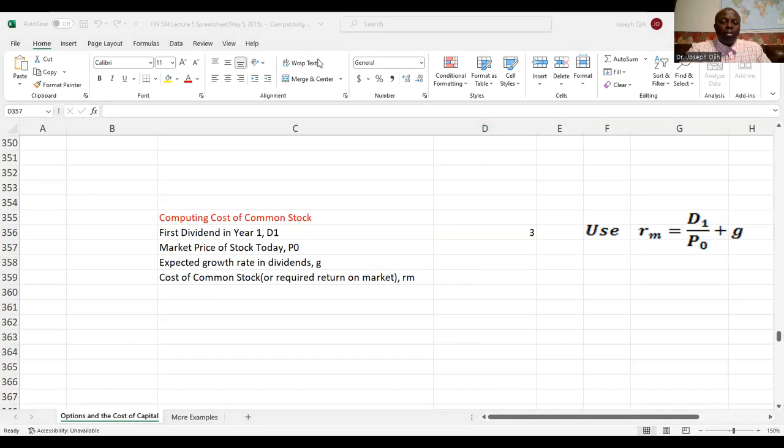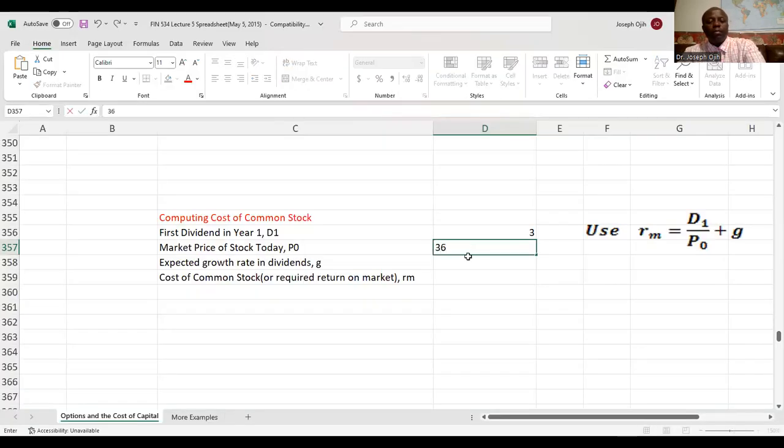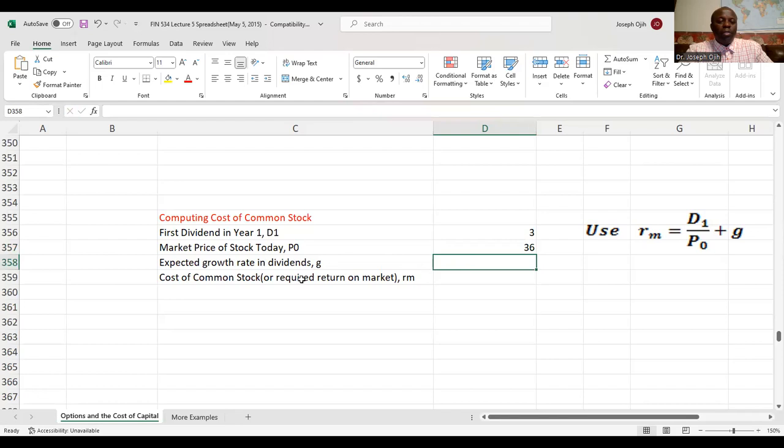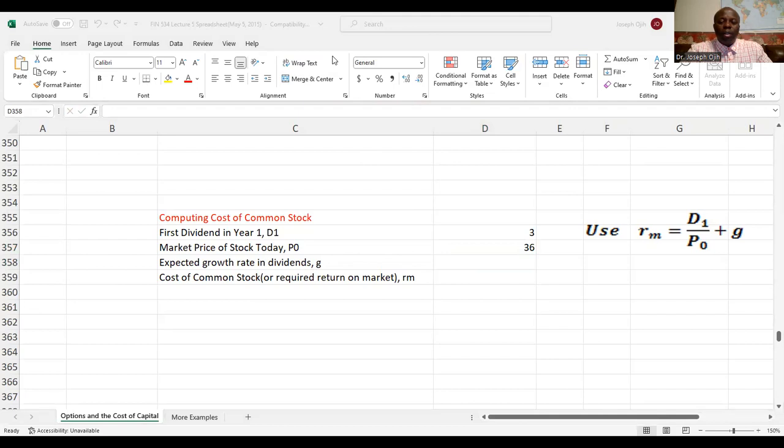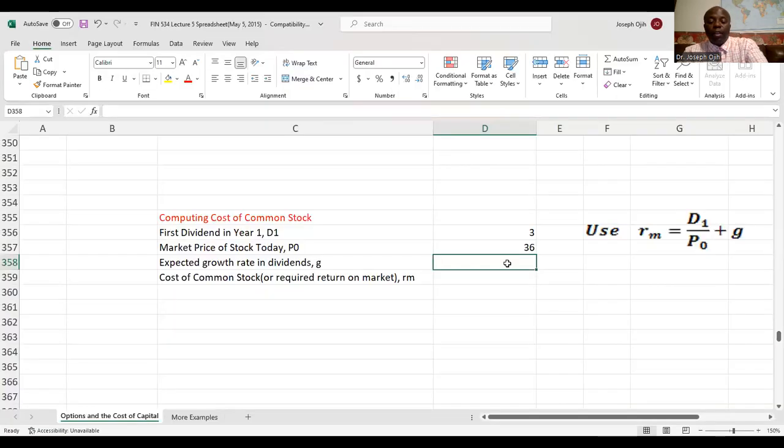Market price of stock is at $6 per share. That's P0, at $6 per share. Expected growth rate in dividends, g. It said that it is expected to grow at the rate of 5%. 5% changed to decimal means 0.05.